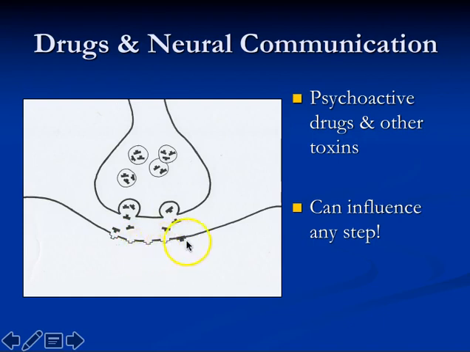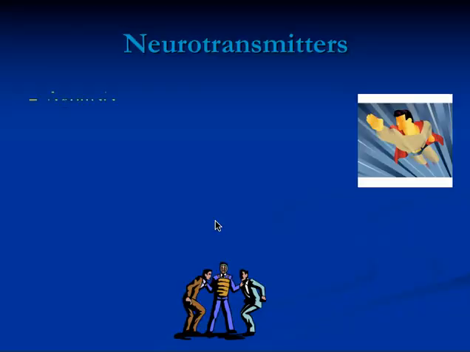Another way is they can challenge reuptake. They'll sit in here and then detach, and then they'll plug up these mechanisms that allow for reuptake, and then they'll mess with that system in some way, or with how they're degraded in the gap. They'll keep them from being degraded, for example, and then they'll stay present in the gap longer. So there are all kinds of ways that drugs interfere with this system.